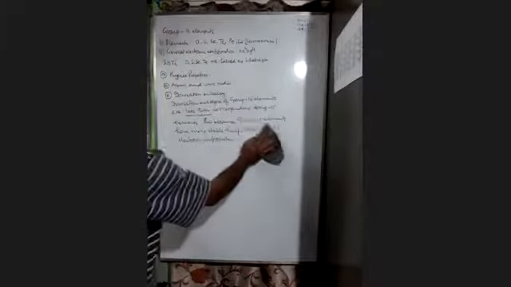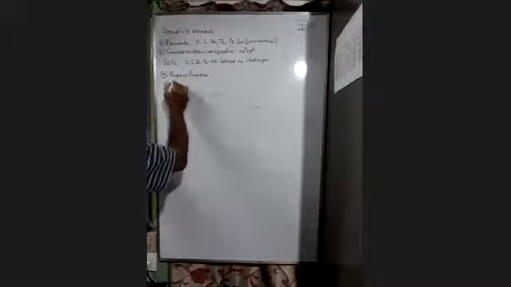Okay, so this is done. Now, C: electron gain enthalpy.